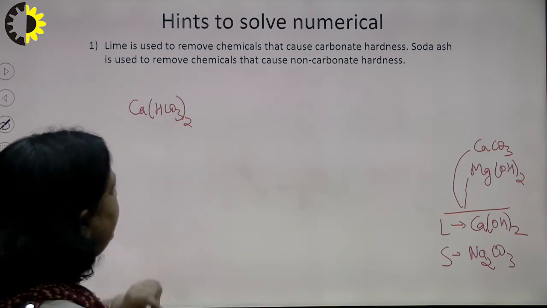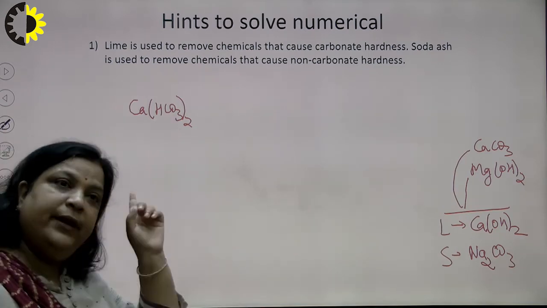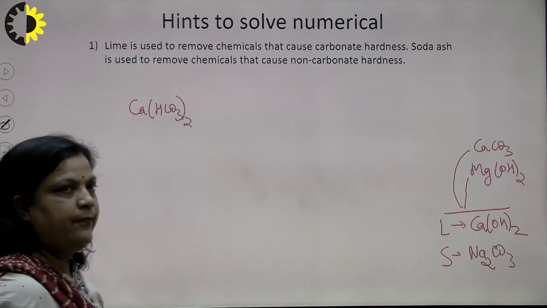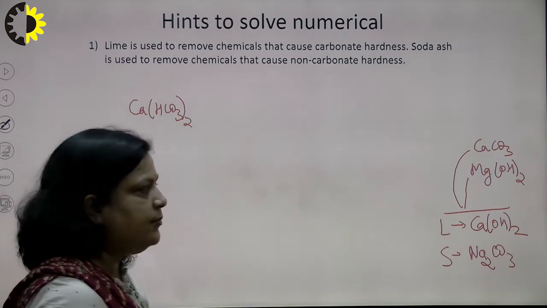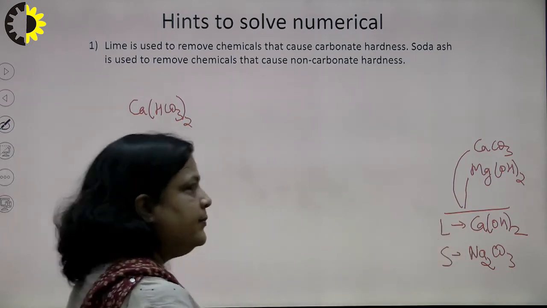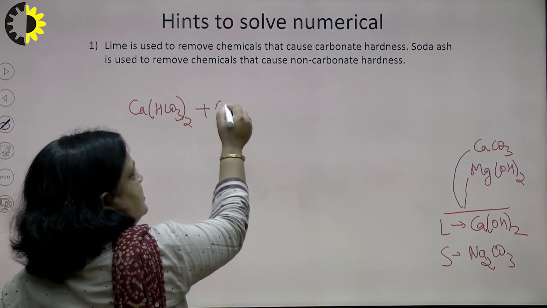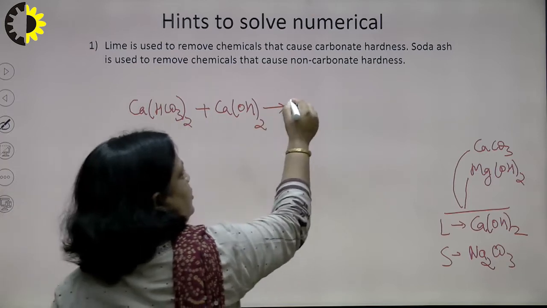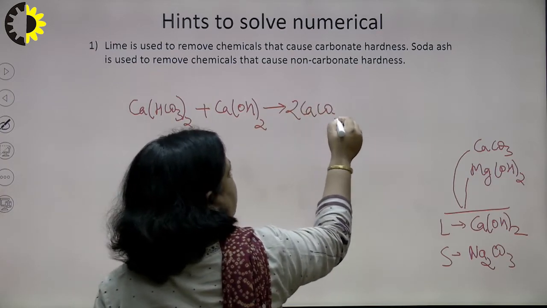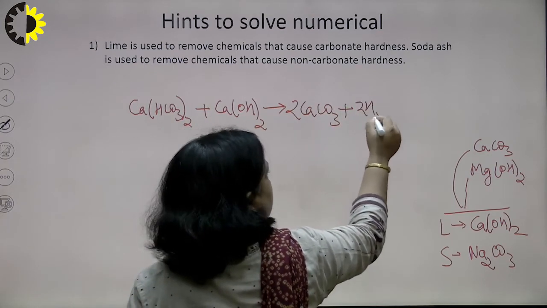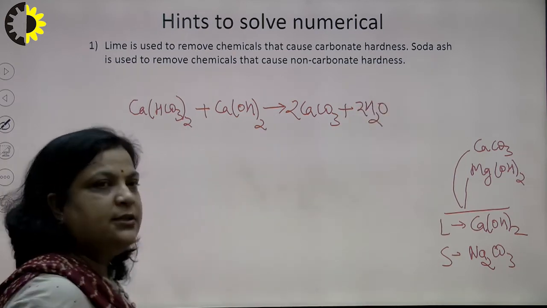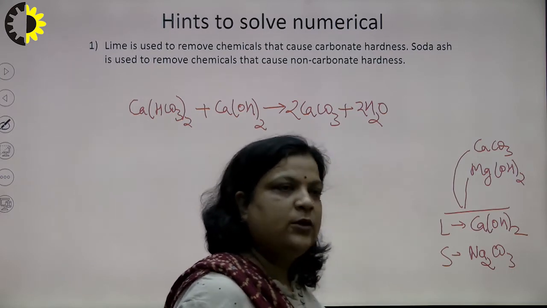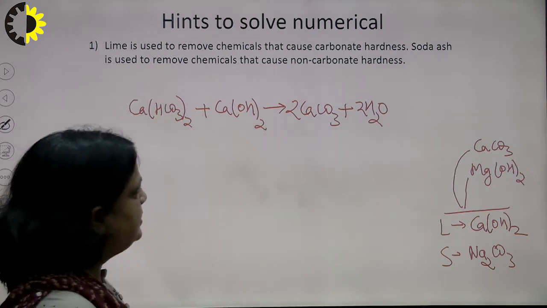So now first see calcium bicarbonate, that is a temporary hardness producing salt. One calcium is there and two bicarbonate is there. So we require one calcium and we get calcium from lime, so plus Ca(OH)2, which gives 2CaCO3 plus 2H2O. After the reaction, sodium can be left because sodium does not produce any type of hardness.